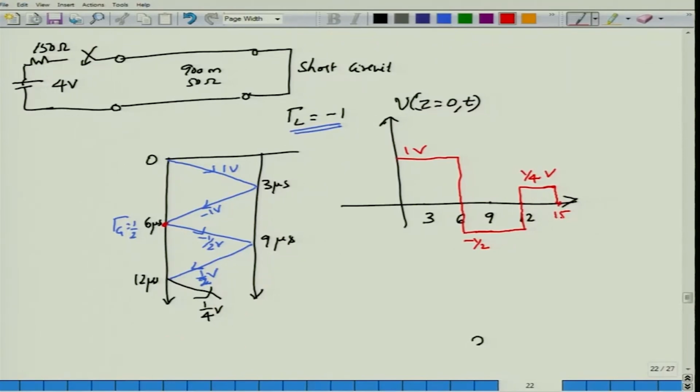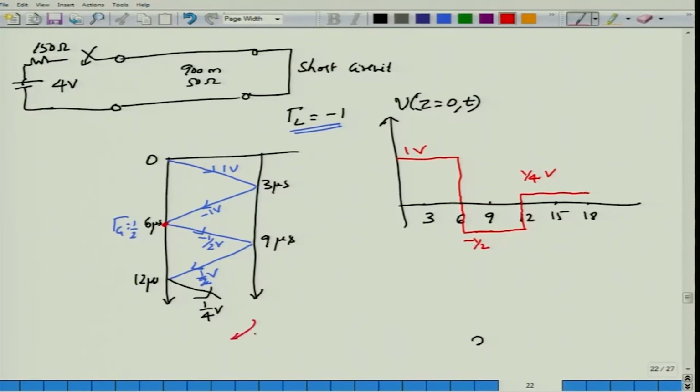It won't be at 15, sorry, this would be at 12 plus 6, that is, at 18 microseconds. Let me redraw this one. So this is 12, this is 15, this is 18, and there was a plus 1 by 4 voltage generated and propagated at 18.